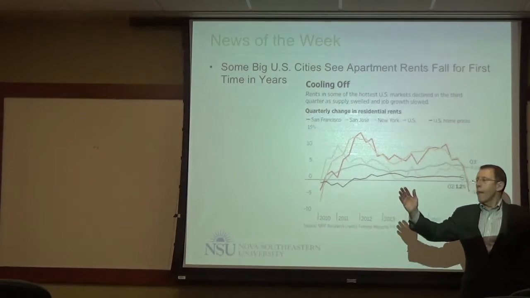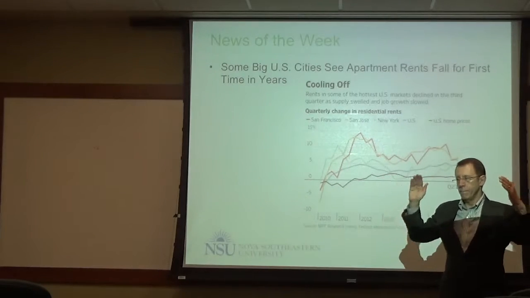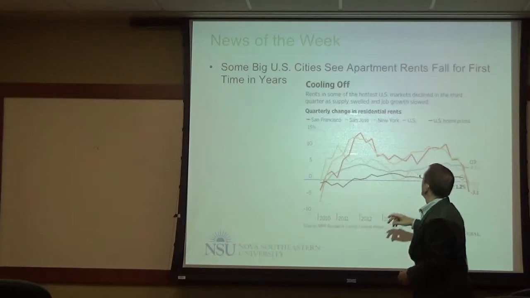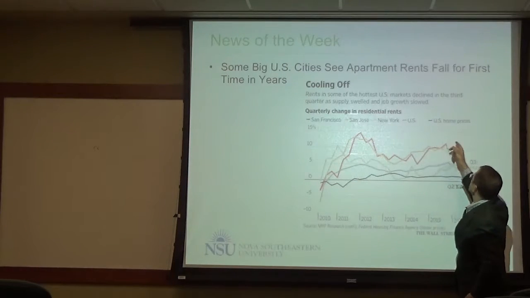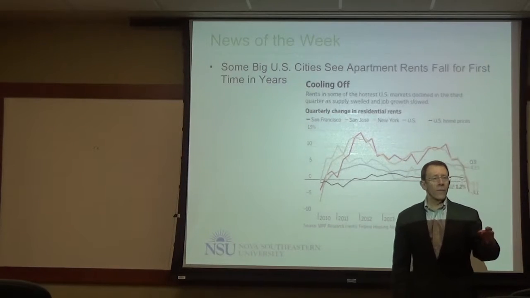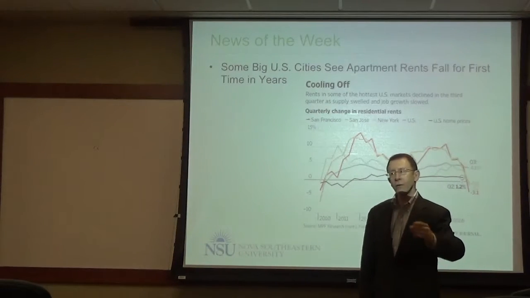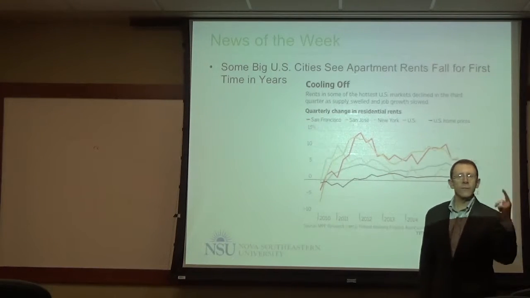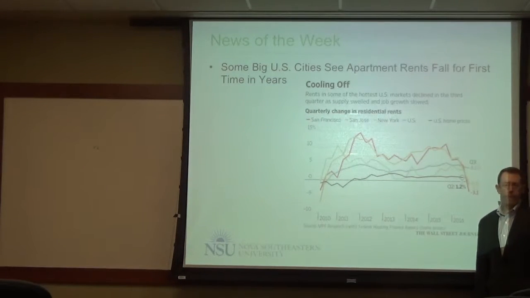Okay, maybe, but maybe not. This is about rents. So why in God's name are we looking at home prices? There may be correlation, but there sure as heck isn't necessarily causation. So that's the first flaw in this chart.